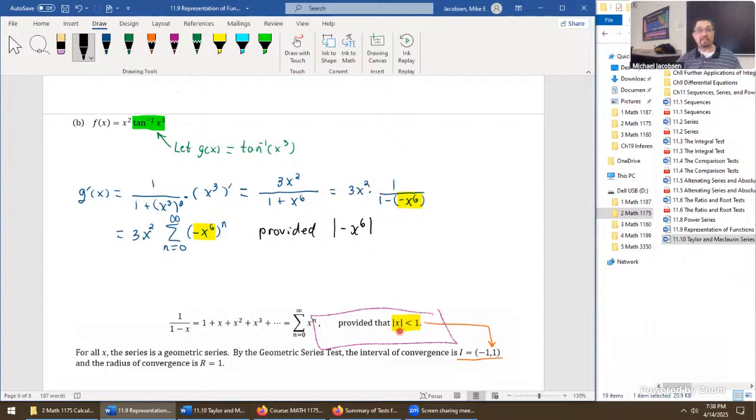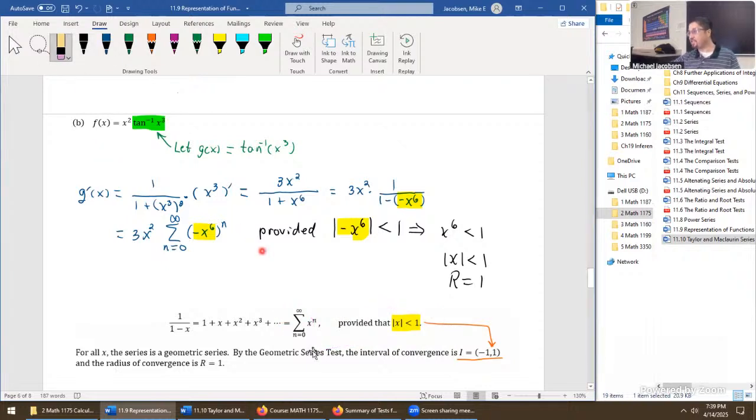In this problem, it's negative x to the power 6. It just has to be less than 1. But then this would imply x to the power 6 itself is less than 1. You can take the 6th root of both sides of this new inequality right here to get, upon the 6th root, just the absolute value of x less than 1. That directly tells us the radius is 1, and that's going to stay the same value through the rest of the entire problem. So our work is completely done on this theorem right here.